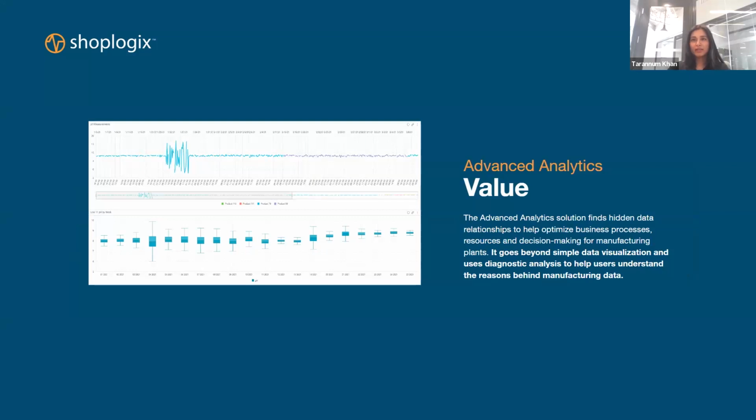So we do want to talk about the value, because the features are great, but really what's the value that we're trying to drive here with advanced analytics, and what can our customers and the audience expect? With advanced analytics, we really start to get into the hidden data relationships, and this is where it gets really exciting, because this is where we could start to help optimize the business processes, but also resources and decision making.